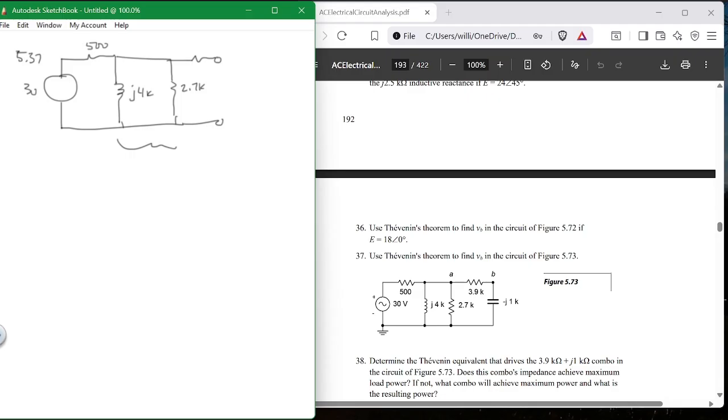So how do you do that? They're in parallel. So it's R1 R2 over R1 plus R2, or use the 1 over 1 over rule, which is what I do all the time. I very rarely do the R1 R2 over R1 plus R2. I do 1 over, and I usually get the right answer, okay?